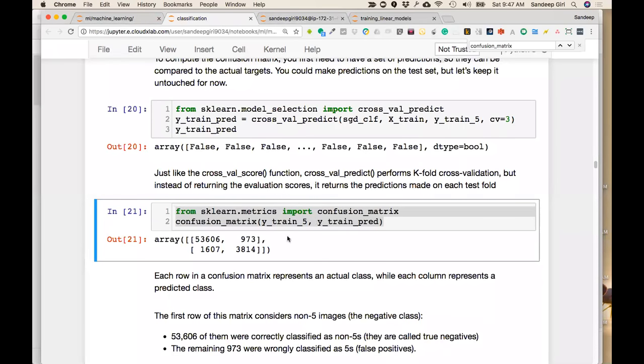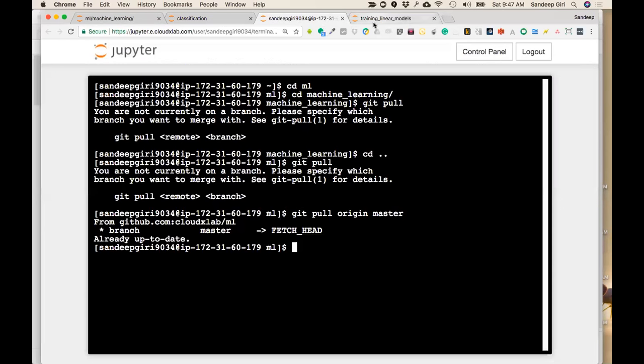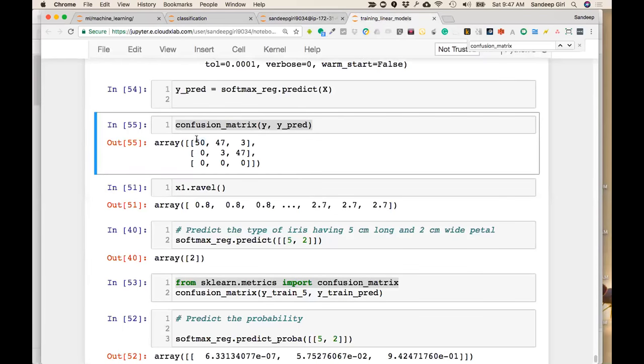So here wherever we are doing it. If you see, we are saying that the actual 1, 0, 1, 2. So 50 of them are actually predicted correctly. And 47 of 0 were predicted as 1 as well, while only 3 were predicted as 2 out of 2.